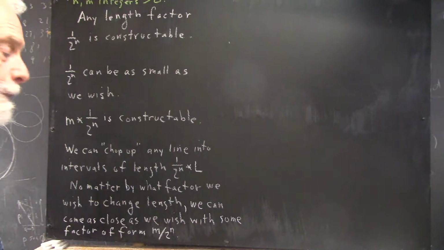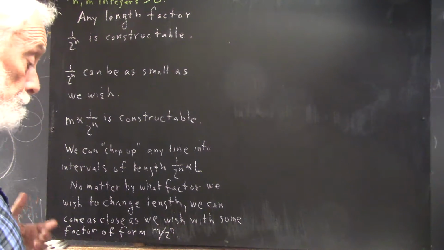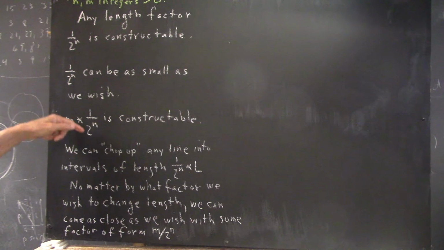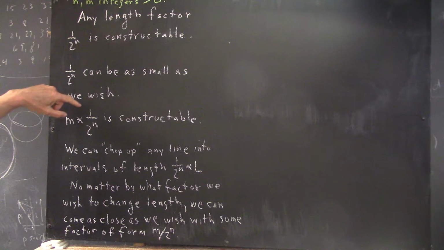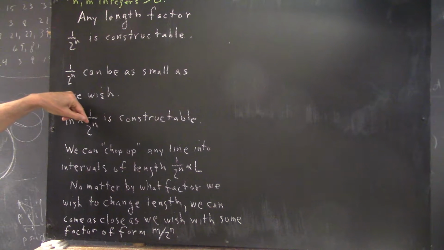As an example, we can easily construct a line which is 3 times 1 over 2 to the second, which is 3 times 1 over 4, 3/4 the length of a given line. So 3/4 is of the form m times 1 over 2 to the n, where m equals 3 and n equals 2.